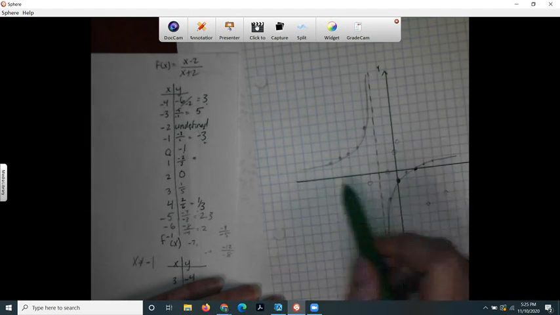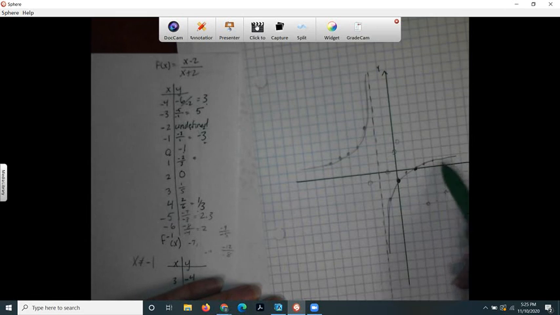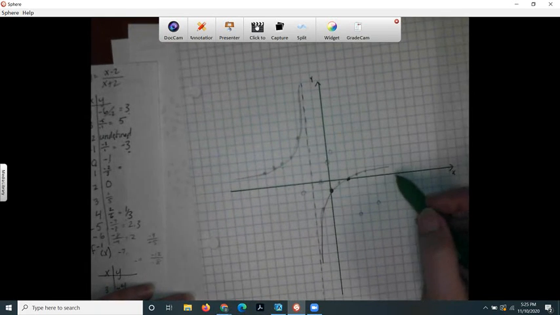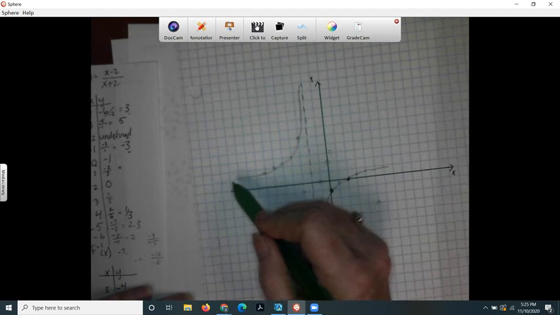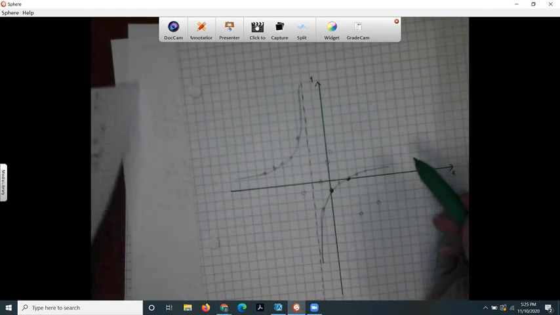It'll never equal 1 right here. I would encourage you to plug in some really big numbers, and see if you can get your function to equal 1.